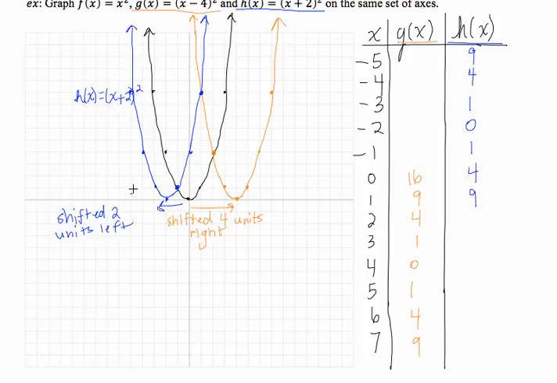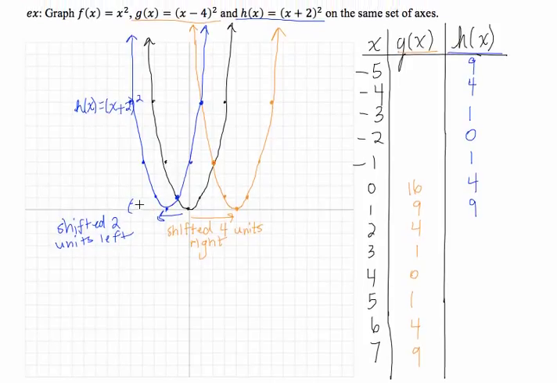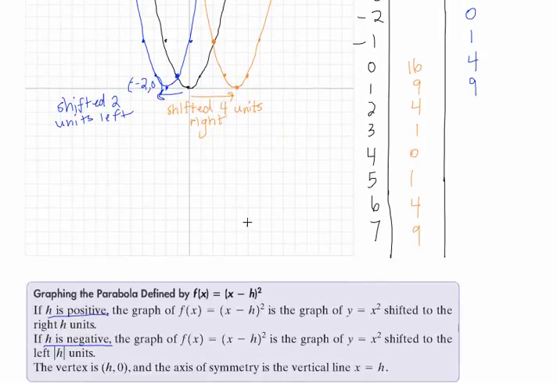The vertex on g of x is -2, 0, so the x coordinate is equivalent to h, because in this case this is the same as (x minus -2) all squared. So h is equal to -2, because you have to correspond a minus to this minus in the general formula right here.